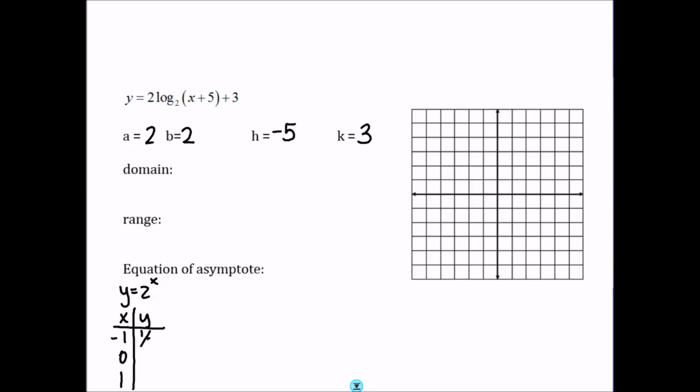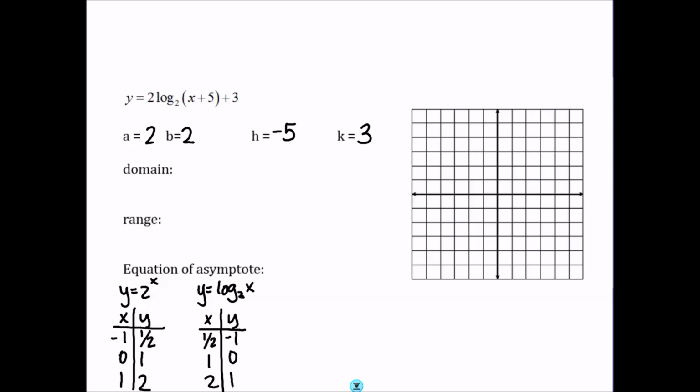2 to the -1 is 1/2, 2 to the 0 is 1, and 2 to the 1 is 2. When we switch x and y to find our t-chart for log base 2 of x, we end up with 1/2, -1, 1, 0, and 2, 1 as our points.